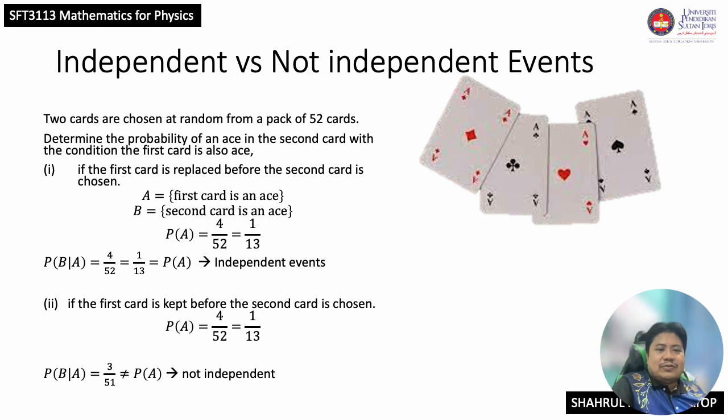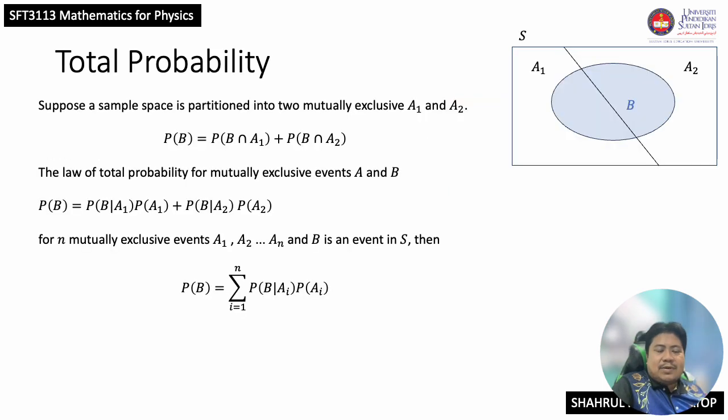Okay, next we go to the total probability. Suppose that we have the sample space here. We have an event B and also A1 and A2. B is partitioned, so we partition it into the area that intersects with A1 and the area that intersects with A2. So the probability of B here is the probability of B intersect with A1, this area. Let's make some color. This one is A1 intersect B, and let's color green, B intersect with A2.